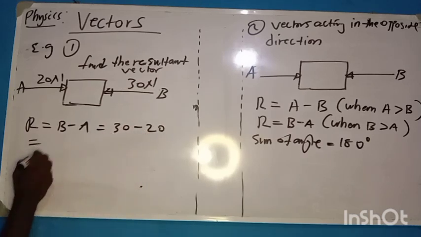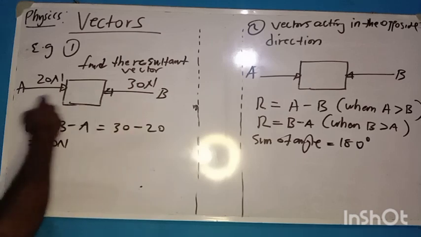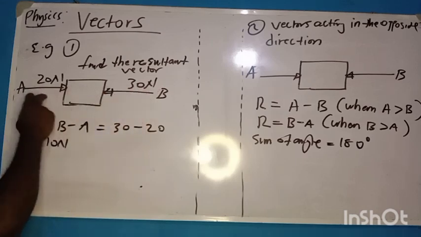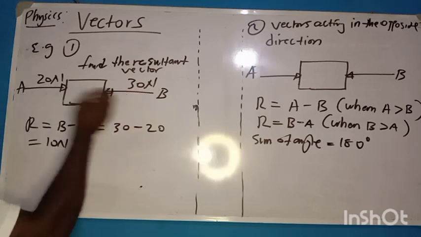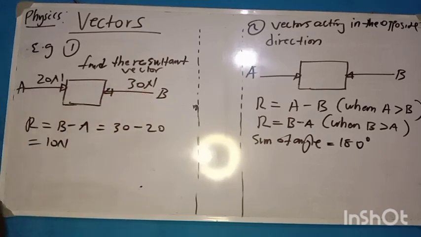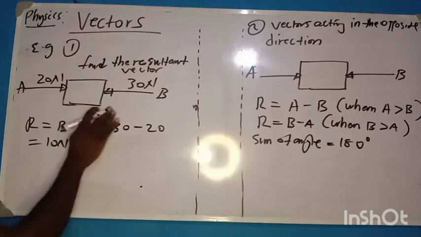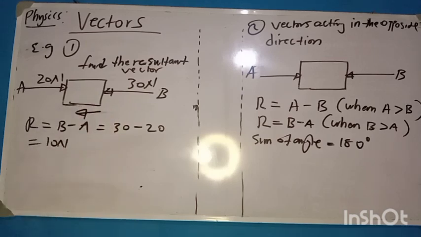And if we do that, it's going to give us 10 Newton. And then what is going to be the direction of this vector? The direction is going to be this side, because B is bigger than A. That means if both of them are pushing on this, B will overpower A, so it will move in this direction. The resultant vector will be in this direction.